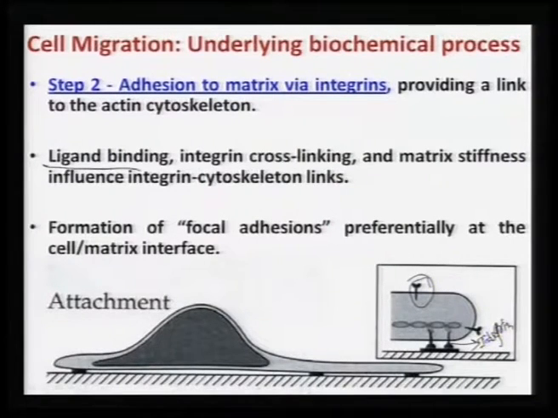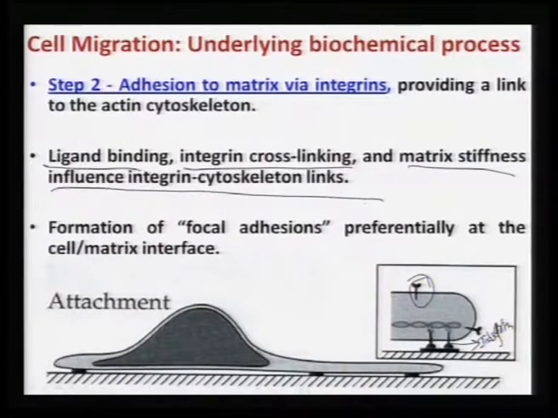Ligand binding, integrin cross-linking, and matrix stiffness all influence the integrin-cytoskeleton links. Then the third point is the formation of the focal adhesion. These are the focal adhesion points, preferentially at the cell-matrix interface, that I have already mentioned to you.